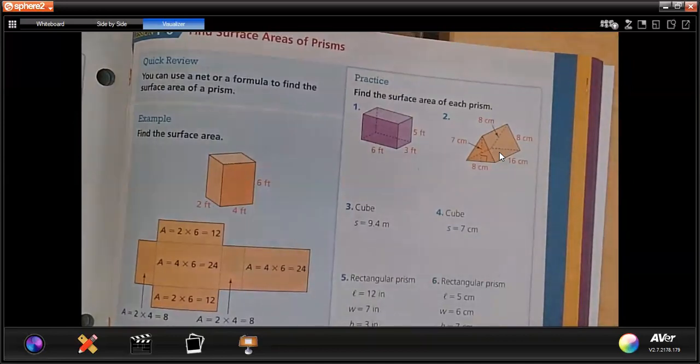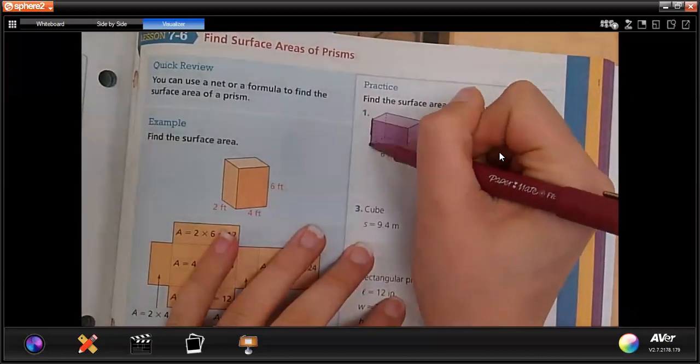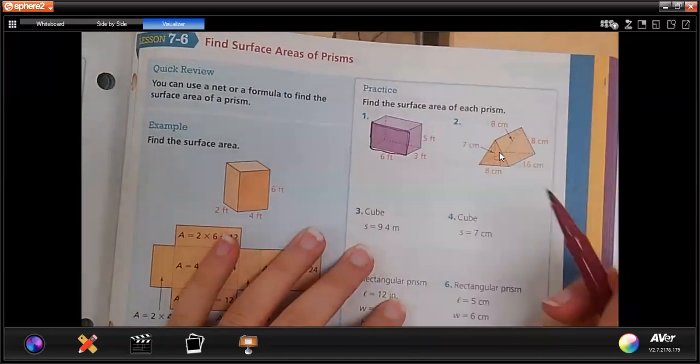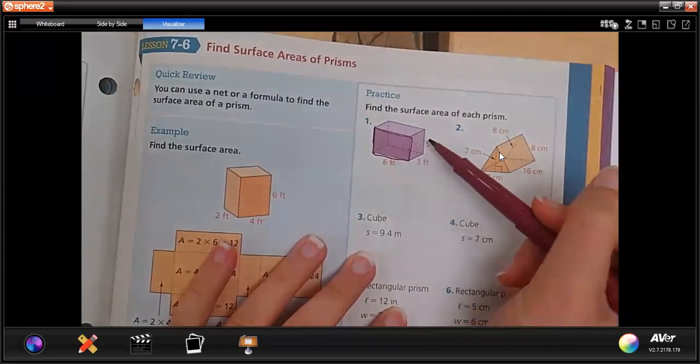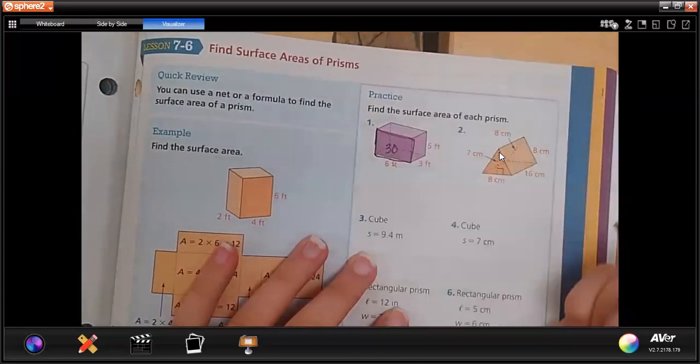So remember with surface area, for number 1, a lot of you are going to want to do 6 times 5 times 3, but that would be for volume. You want to find the area of the front, which would be 6 times my height of 5, which is 30.